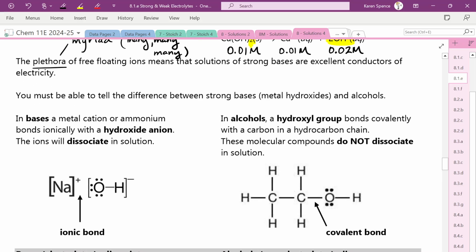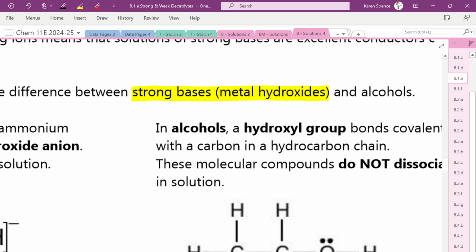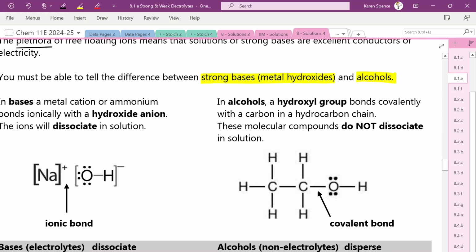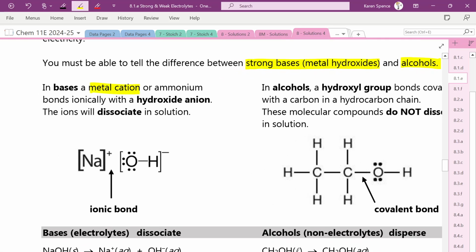Okay, bases. You have to be able to tell the difference between a strong base, in other words, a metal hydroxide, and an alcohol, because they behave differently. Strong bases are electrolytes. Alcohols are non-electrolytes. So here is our base, which has a metal cation or an ammonium ion, and it bonds with a hydroxide anion.